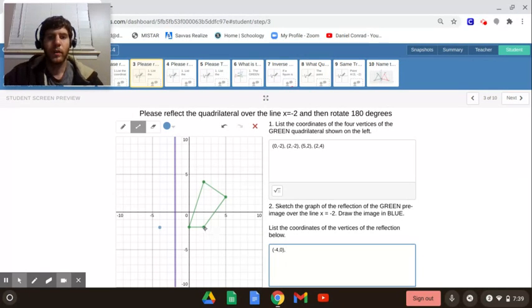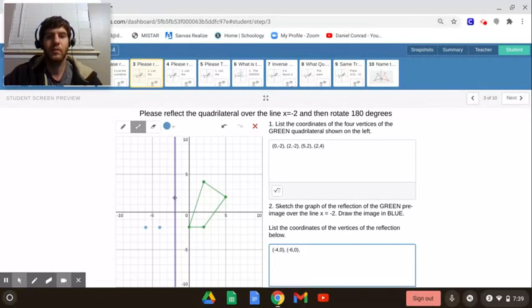Okay, this point here, 2, negative 2, is 4 units to the right of the line of reflection. So we need to go to the line of reflection and go 4 to the left, and that's going to be negative 6, 0. Okay, 5, 2. That's going to be 7 units to the right of the line of reflection. So we need to reflect it across.